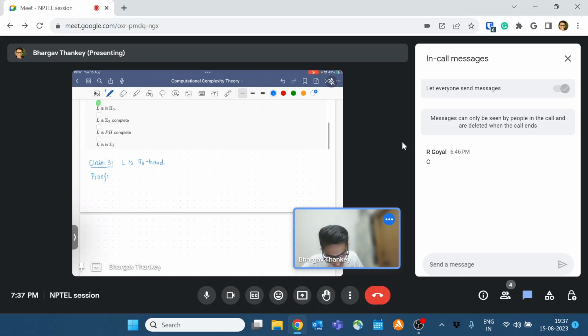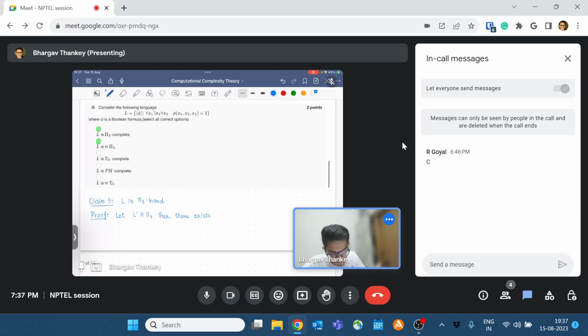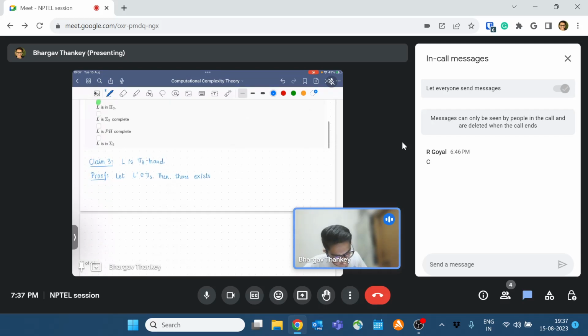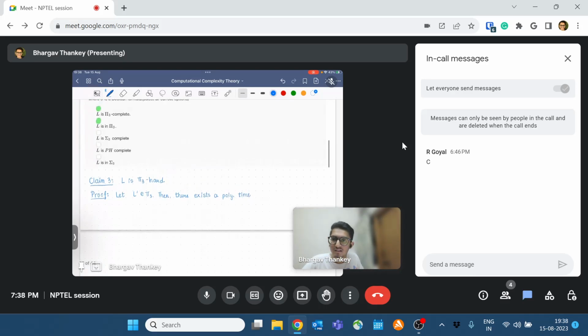Okay, so let L prime be in pi 3. Don't you think that this formula is similar to the satisfiability problem?